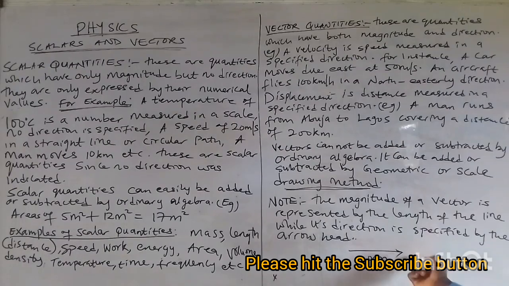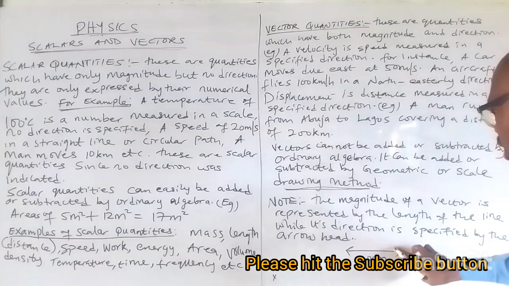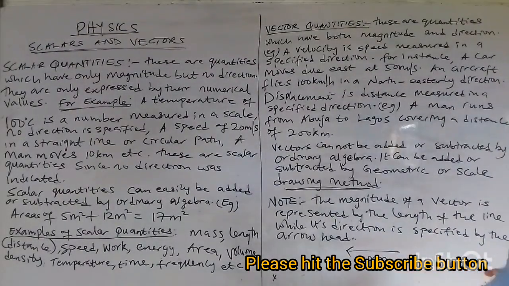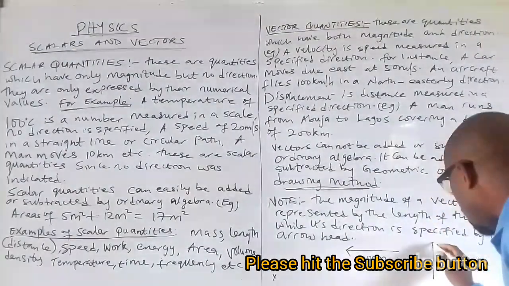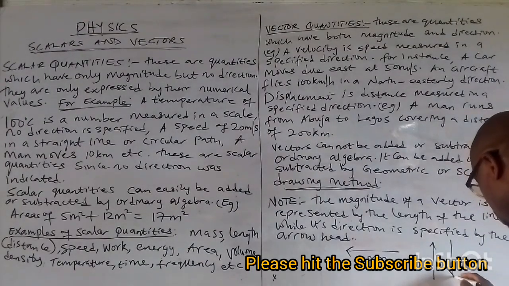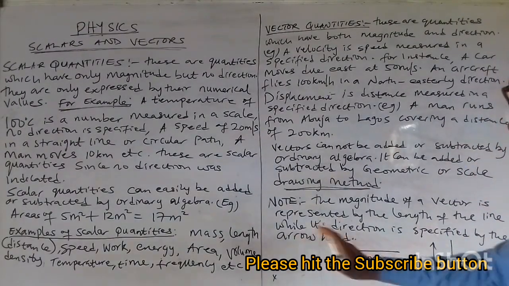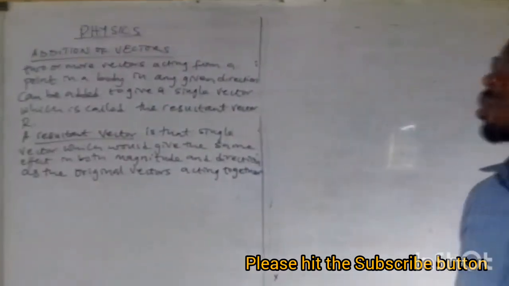The direction is given by the arrow. We can always give the direction, if it is due west, it is like this. It can always be due north, if it is like this. Or due south, pointing downward, giving the direction of the line.